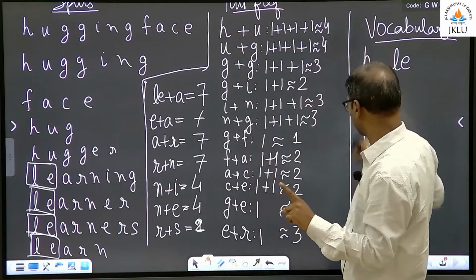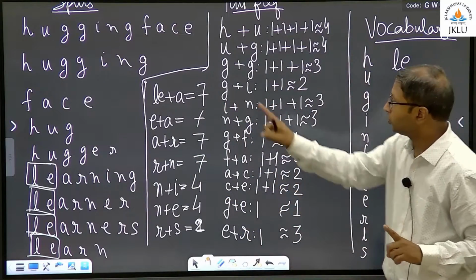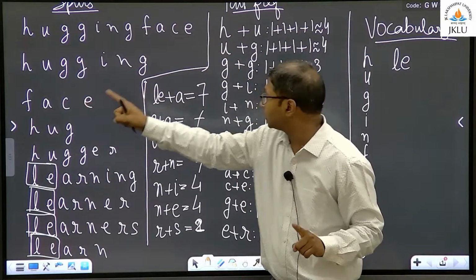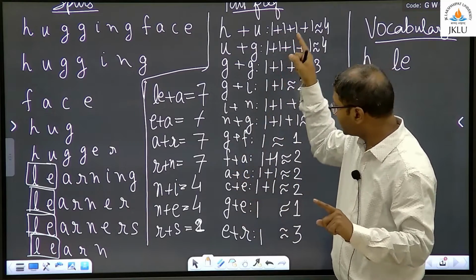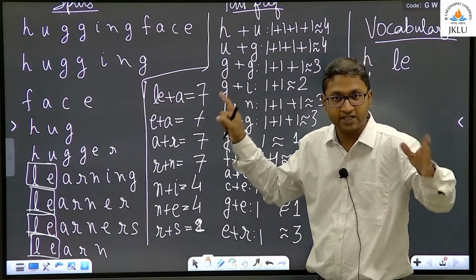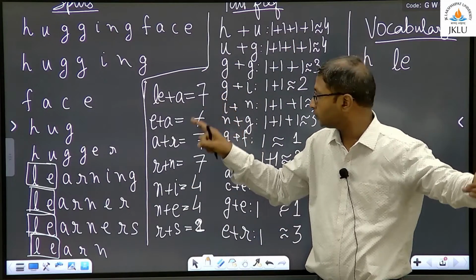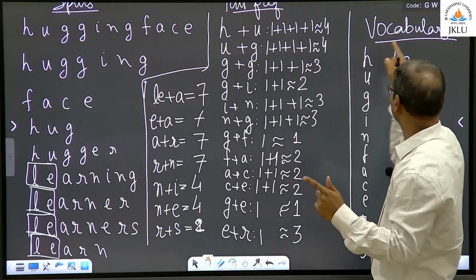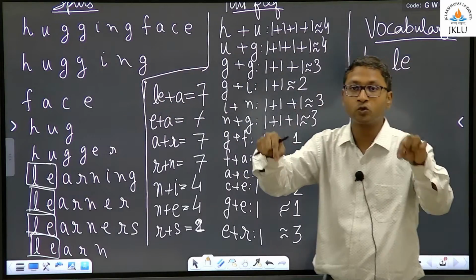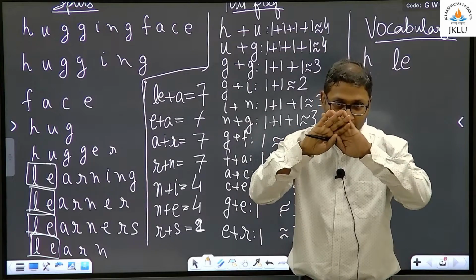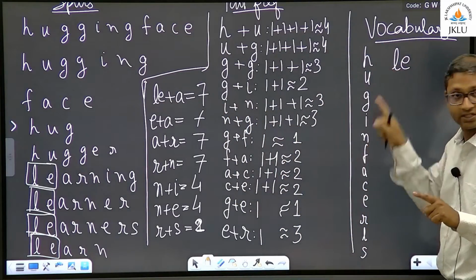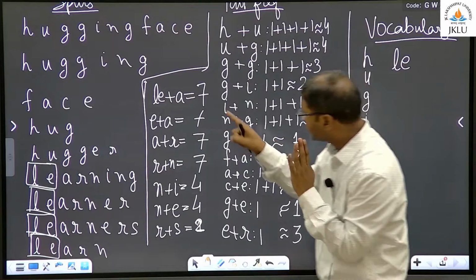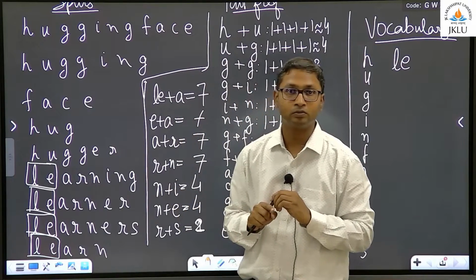You started with the vocabulary, it was this, you split according to vocabulary, you counted these pairs. Done. Once you have counted these pairs, take the max of it. If there is a tie, take the first one. Merge it, bring the merged one here and redo this whole thing again. So we are just doing everything from scratch. This is my vocabulary now instead of just this, right? So if there is no EA, what do I do?